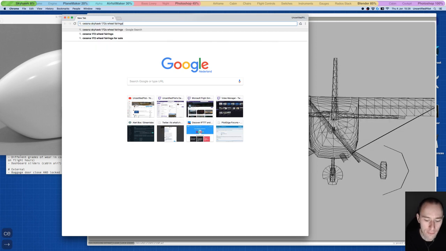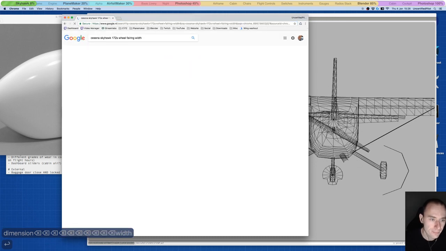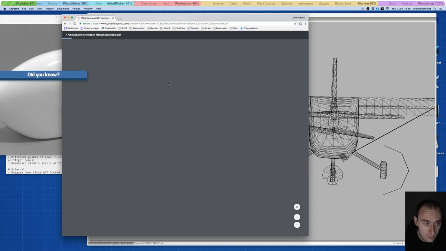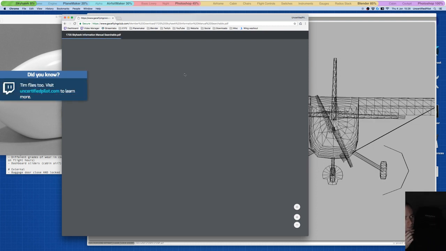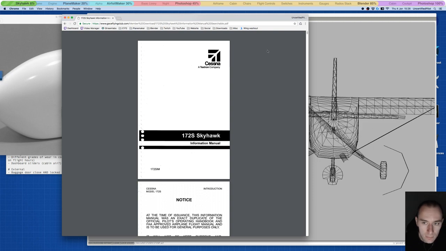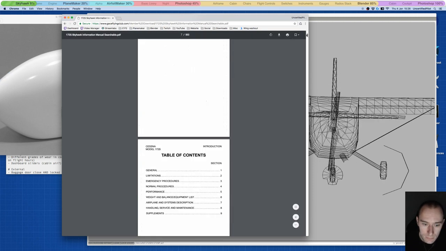Actually, I never searched for wheel fairing dimensions, or let's just use width. It's in the information manual. Let's have a look. Can we search? Yes. Fairings. Looks good.